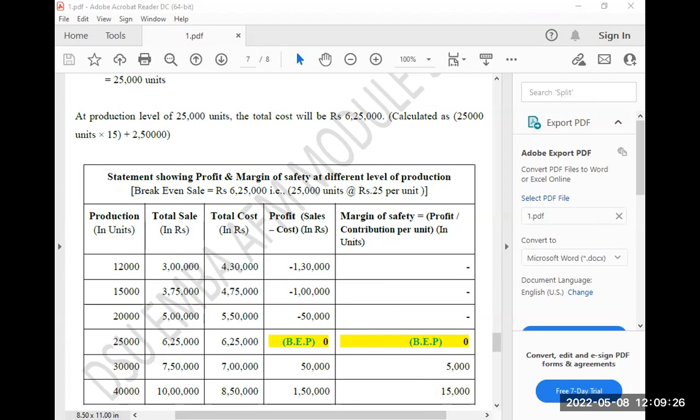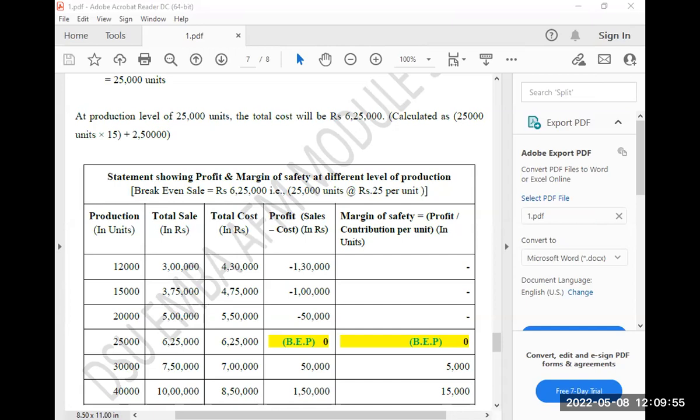I want to find out the selling price per unit so that my break-even point should be 1,20,000 units only. Okay, write the formula. Break-even point in units is equal to, what's the formula? Total fixed cost by contribution per unit. Okay.